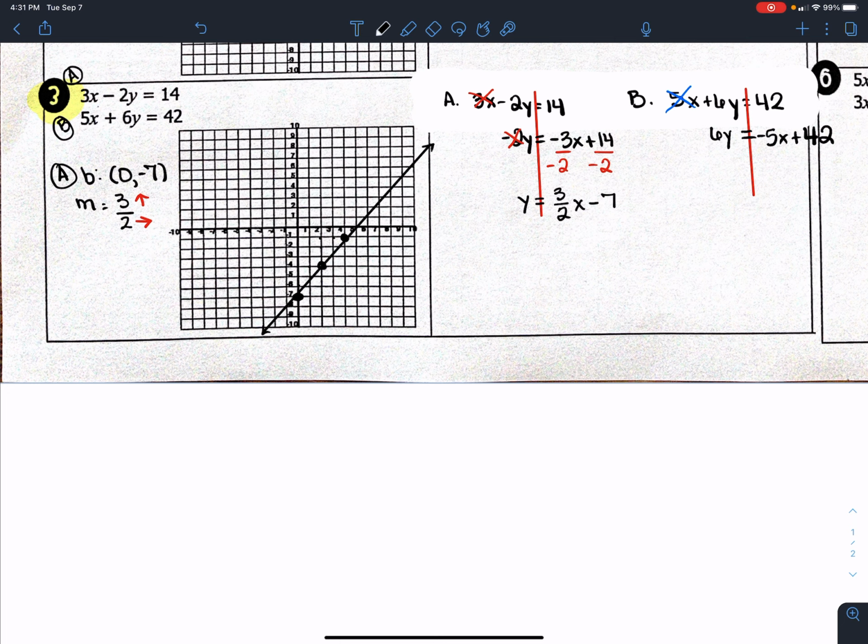Then what I'm going to do is divide everything by 6 because I don't need that positive 6 on the left side. I don't need it multiplied to y. So I'm going to divide everything. So I will have y is equal to a negative divided by a positive is a negative. And positive 42 divided by 6 gives me positive 7.